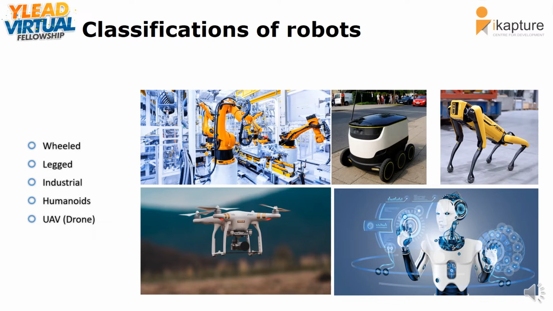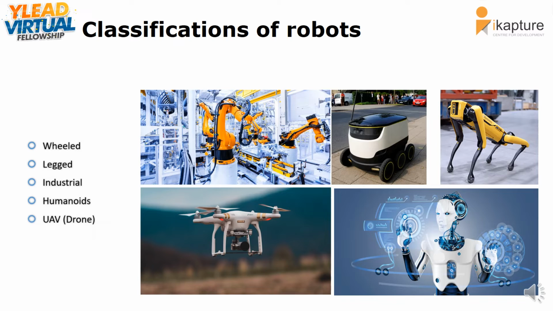When we have to classify robots, these pictures depict some of the classes of robots. Here we have the industrial robot, which is more like a collaborative robot. You can see this used for manufacturing cars and so on. Then we have the mobile robot, which is more like a ground rover.